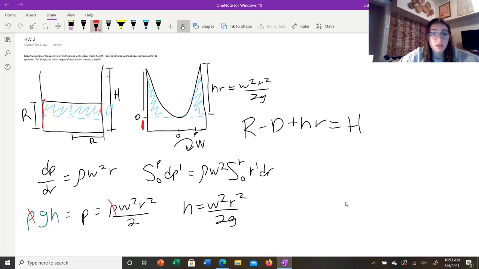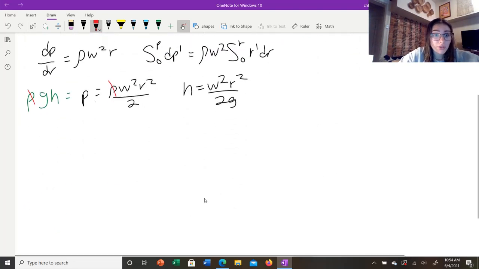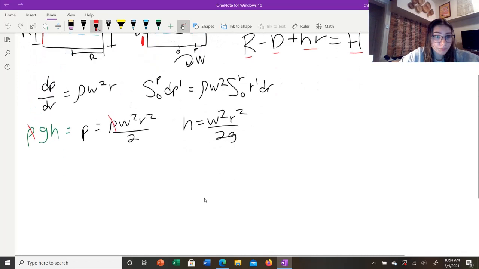Since we just found HR and we already have R and H, we need to find D. To find D, we are going to be looking at the volume.